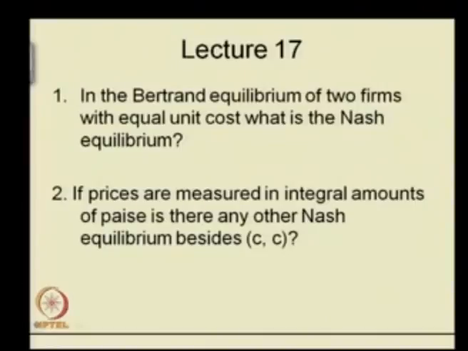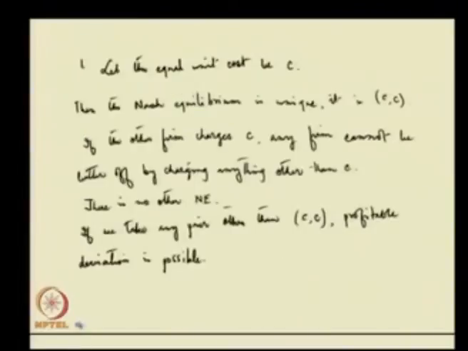If prices are measured in integral amounts of paise, is there any other Nash equilibrium besides CC? So, prices could be either 1 paise, 2 paise, like that. It cannot be 1.5 paise.